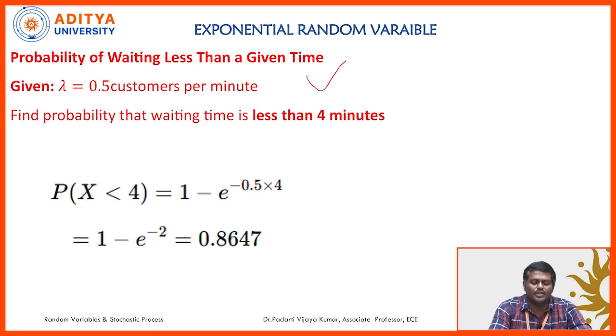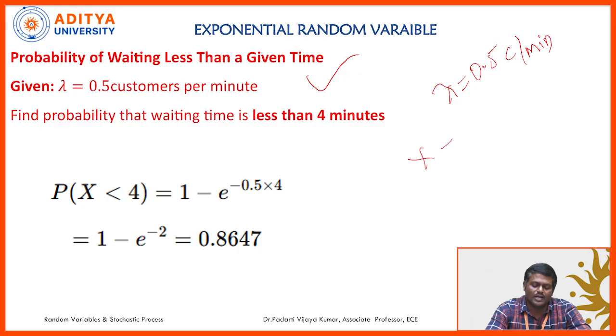This problem is related to the customers' waiting time at banks, parks, or any queuing theory. Given lambda is 0.5 customers per minute, what is the probability that the waiting time is less than 4 minutes?